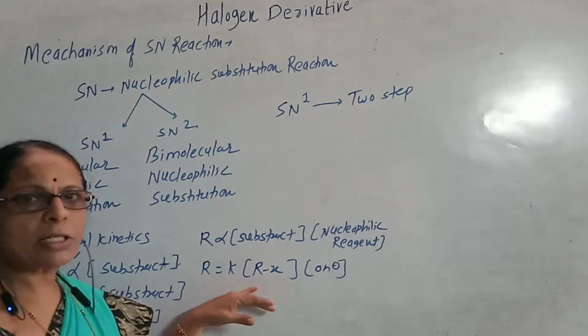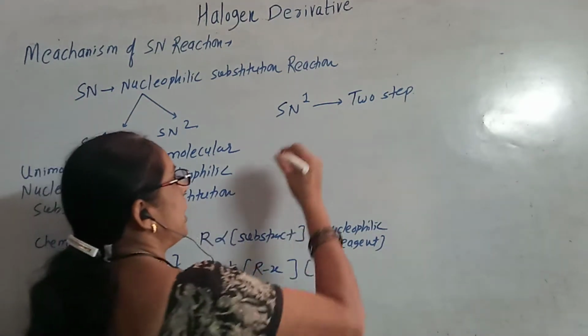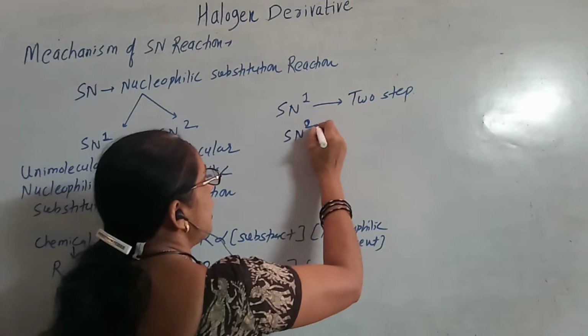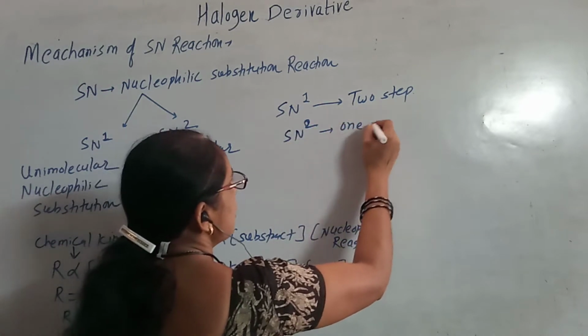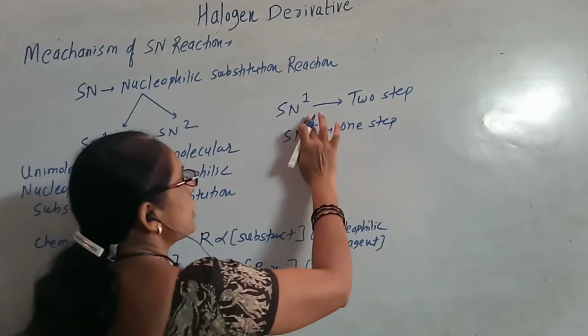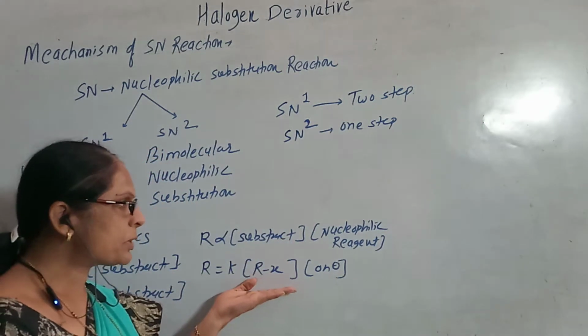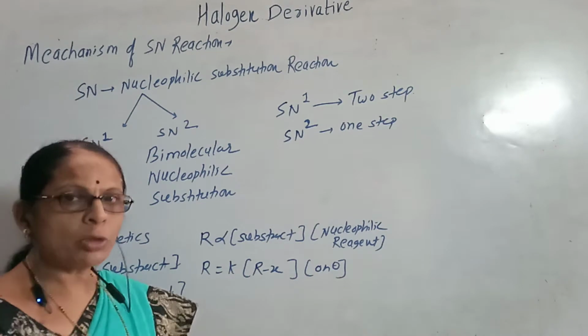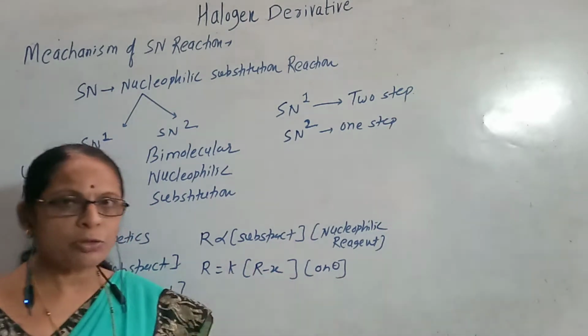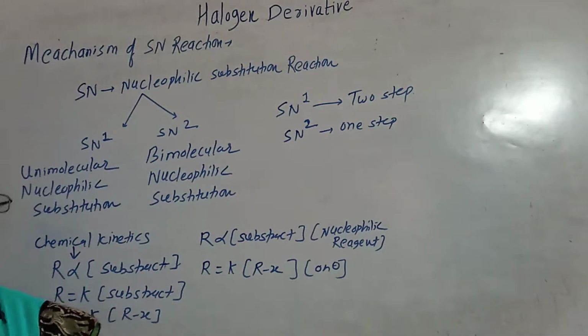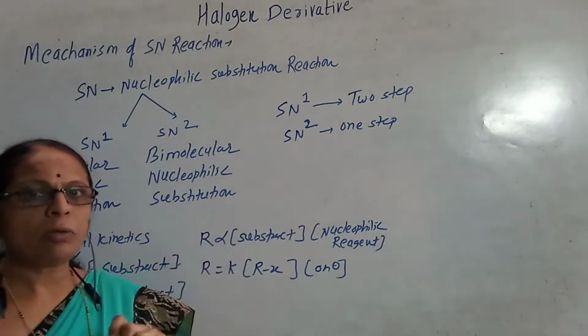Now the SN2 reaction is a one-step reaction. How? Because in SN2 the rate of reaction depends upon the concentration of the substrate as well as the nucleophile, and both are involved in the same step. There is no need for a further step, so SN2 occurs in only one step.